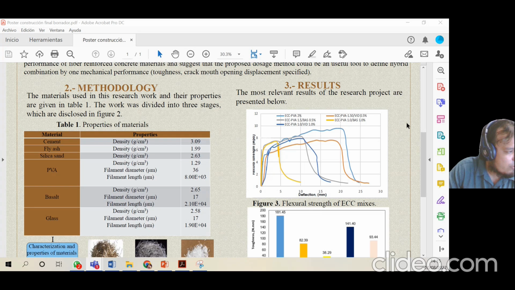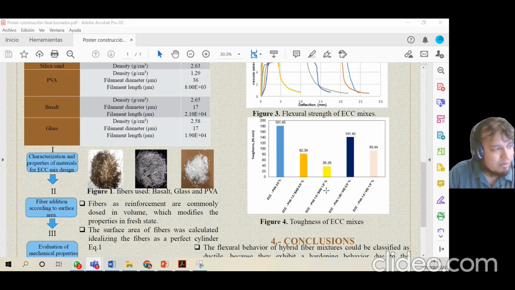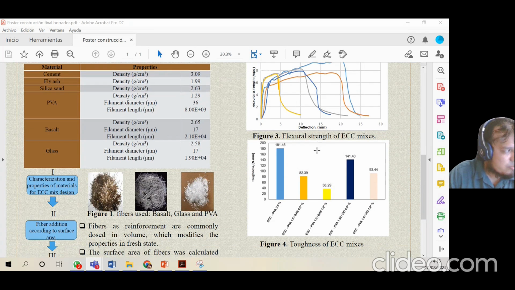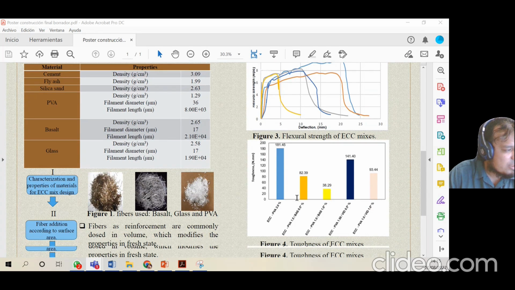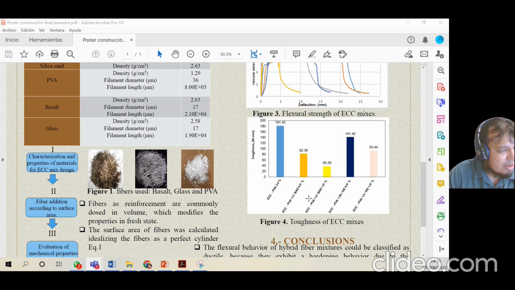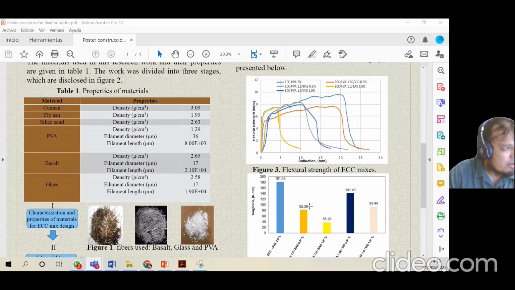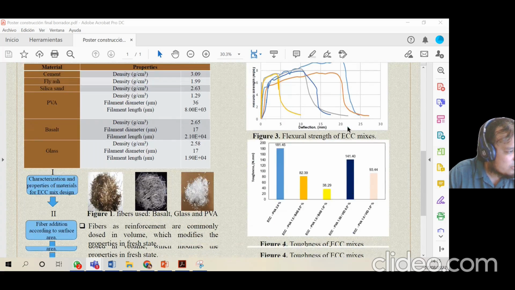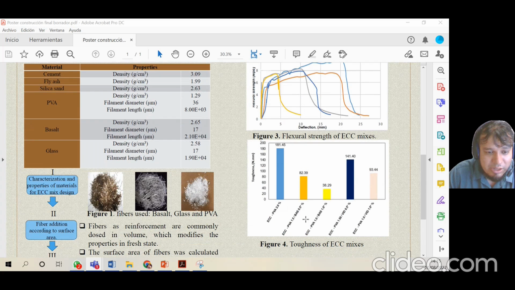In figure 4, we have the toughness of each series, and you can observe that the better performance is for the series containing only polyvinyl alcohol, but the series containing polyvinyl alcohol and basalt fibers present values very similar. Pardon, sorry, we can observe the polyvinyl alcohol series with basalt fibers present a behavior so similar to the series containing only polyvinyl alcohol.